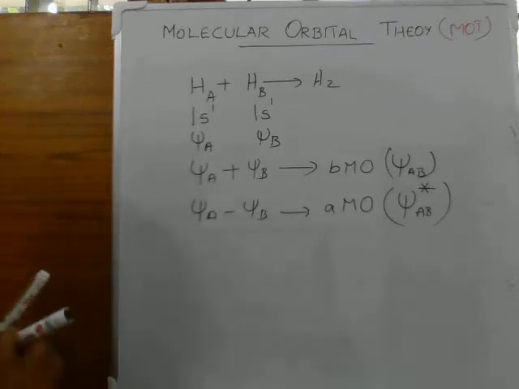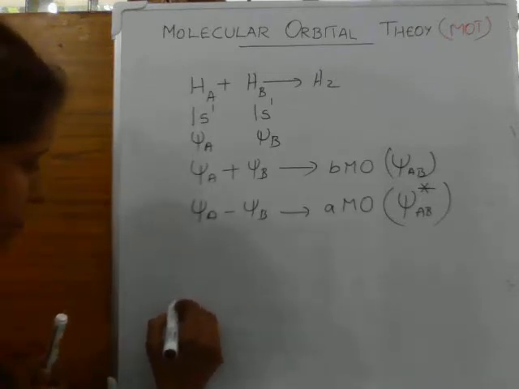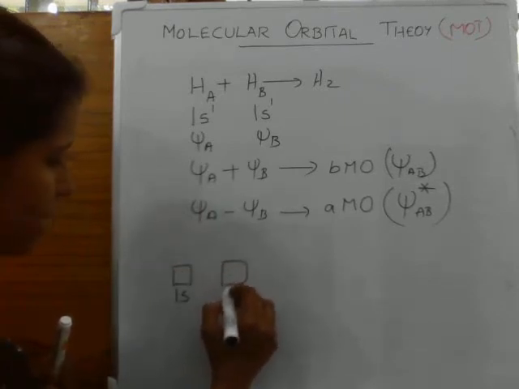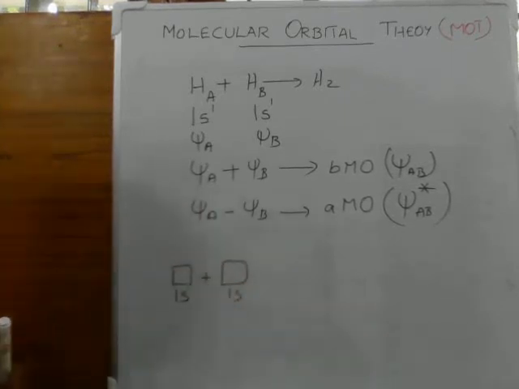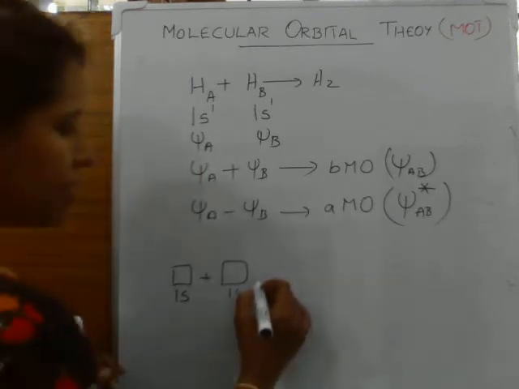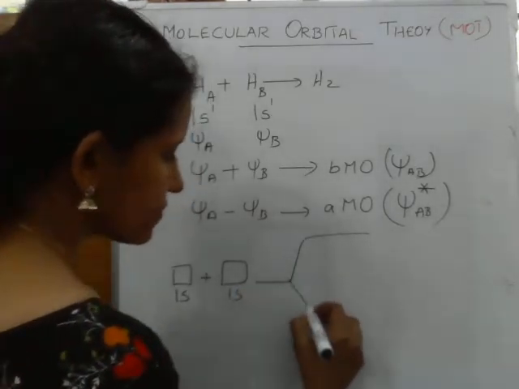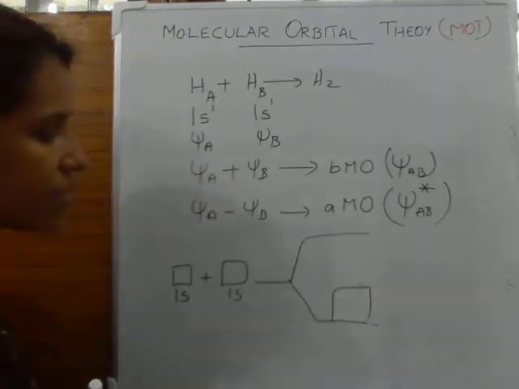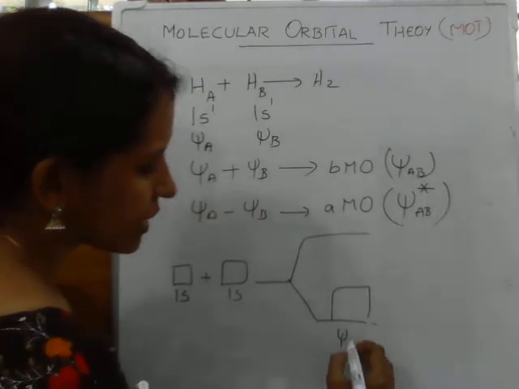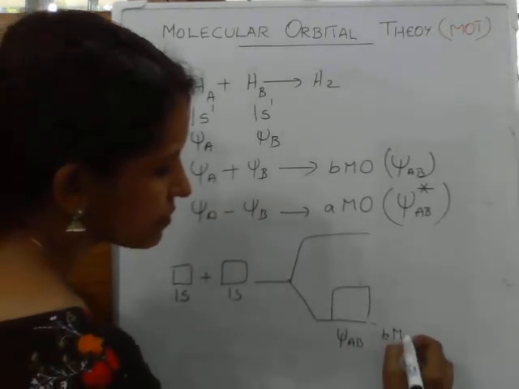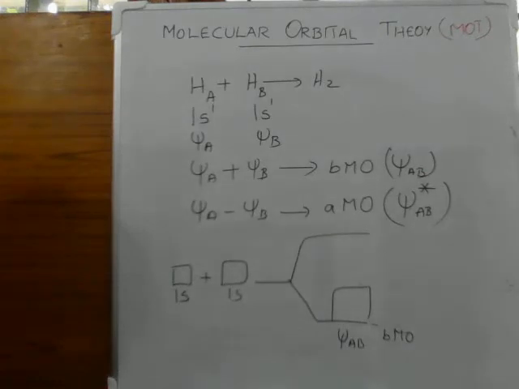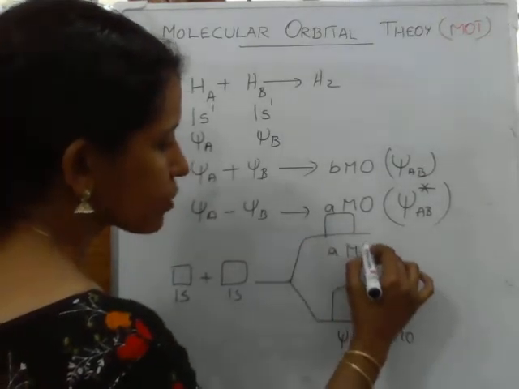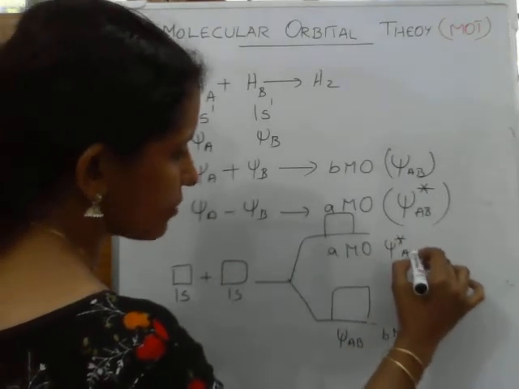That is, this is the 1s atomic orbital of the first hydrogen, and the 1s atomic orbital of the second hydrogen. When these two atomic orbitals combine, we get two molecular orbitals. One is having lower energy. This is the bonding molecular orbital. The other one, having higher energy, is the anti-bonding molecular orbital represented by psi star AB.